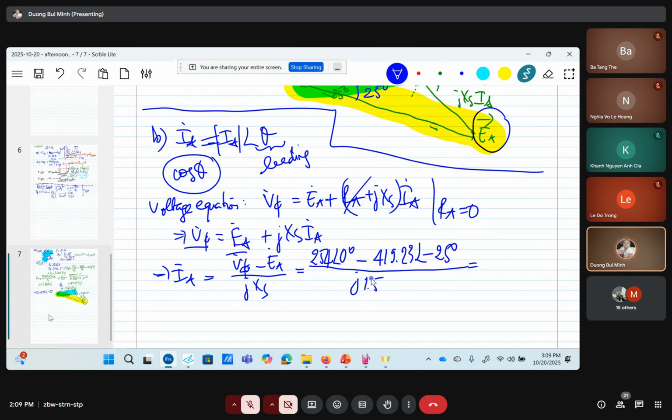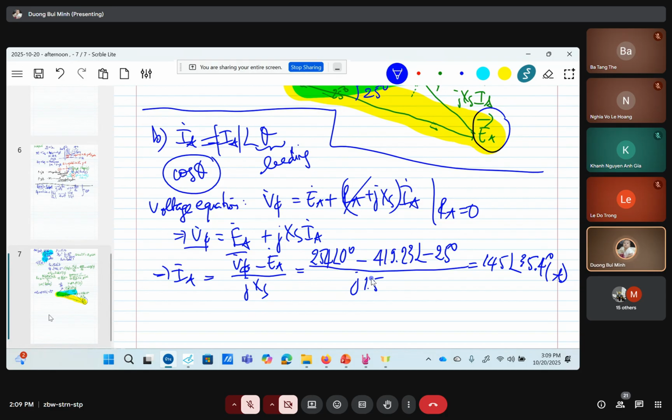Yes, so we can get 144.9, that is 145 with the phase angle 35.4 degrees amperes.